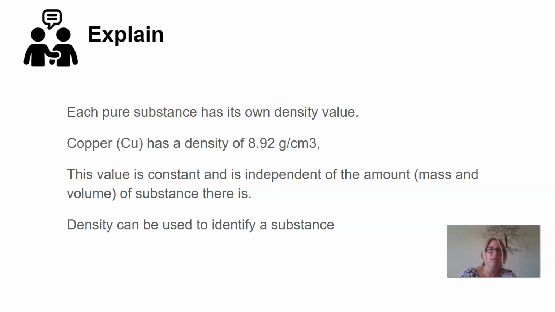So whether you are dealing with copper wires, or copper coins or copper pennies, or whether you've got a block of copper, that value, when you work out the volume and when you work out the mass, will always give you the same number for density. So irrespective of how much substance we have, that means that density can be used to identify a substance, particularly if it is a pure substance.